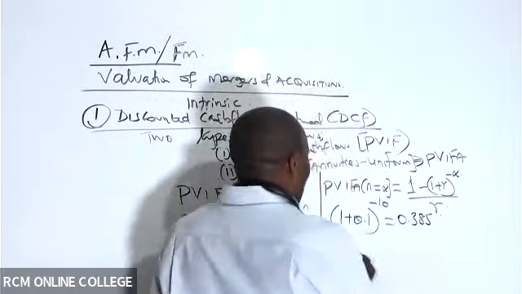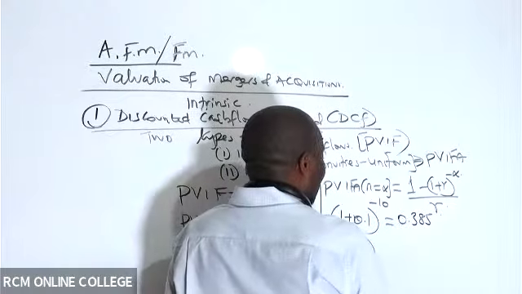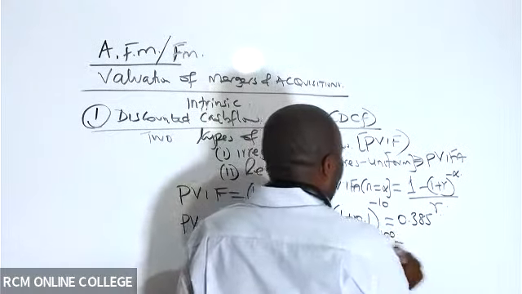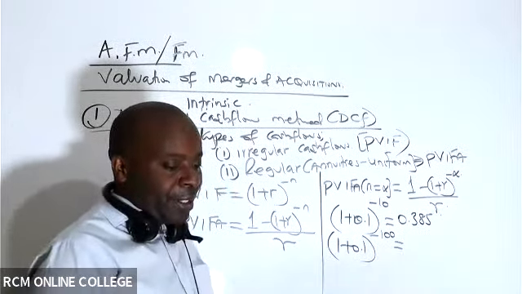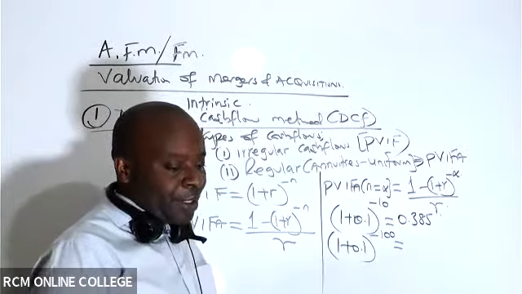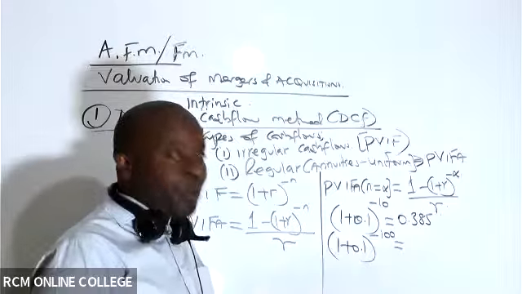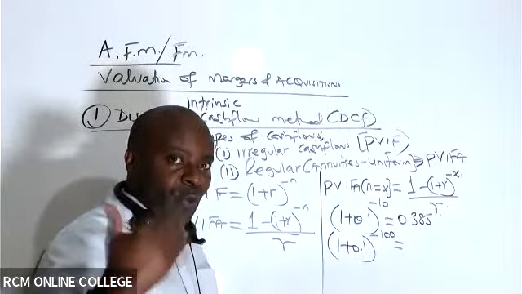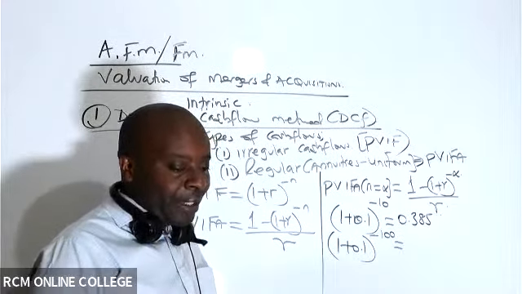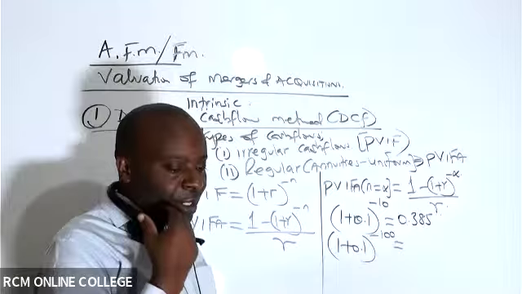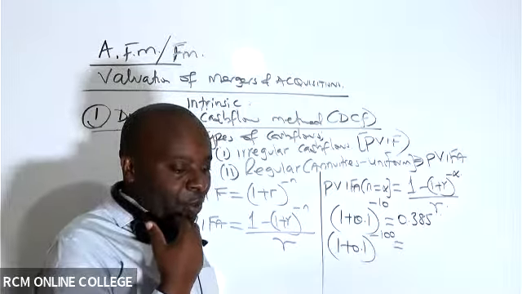Then from there we have 1 plus the same R, but N has now increased to 100. So is there somebody who can give me this 1 plus 0.1, which is 1.1, raised to negative 100?